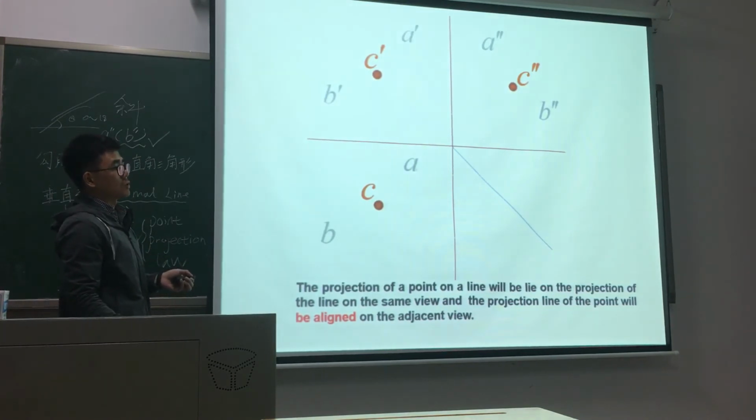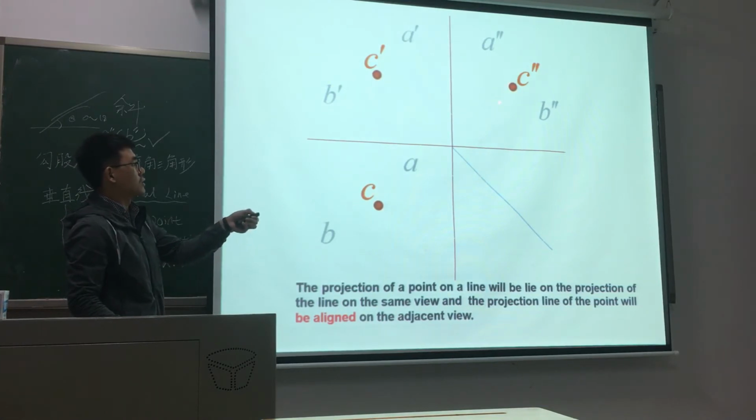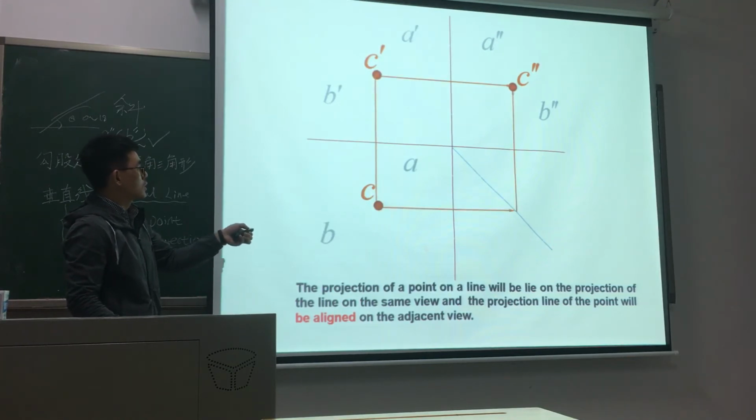We use it so many times. So today I will give a name to it. Keep in mind how to draw a point projection. We have this line at 45 degrees. We have the V plane, H plane, and W plane. So you have C' and C. How to get C''?